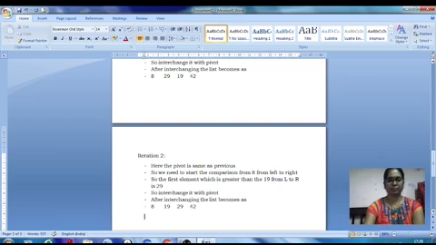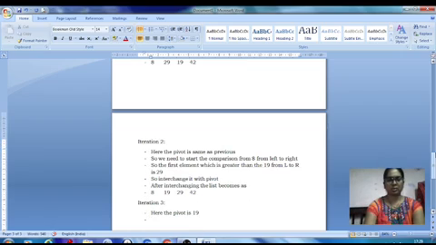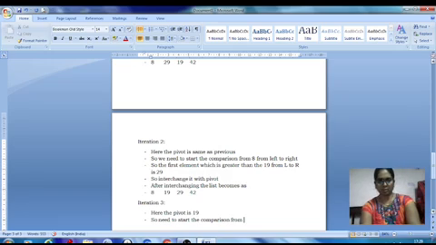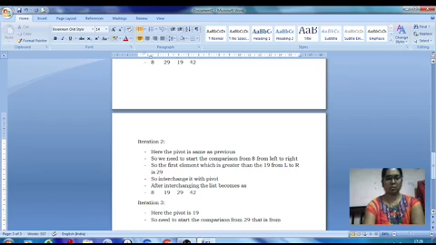Now we need to consider the iteration 3. So here the pivot is 19, so we need to start the comparison from 29, that is from right to left.